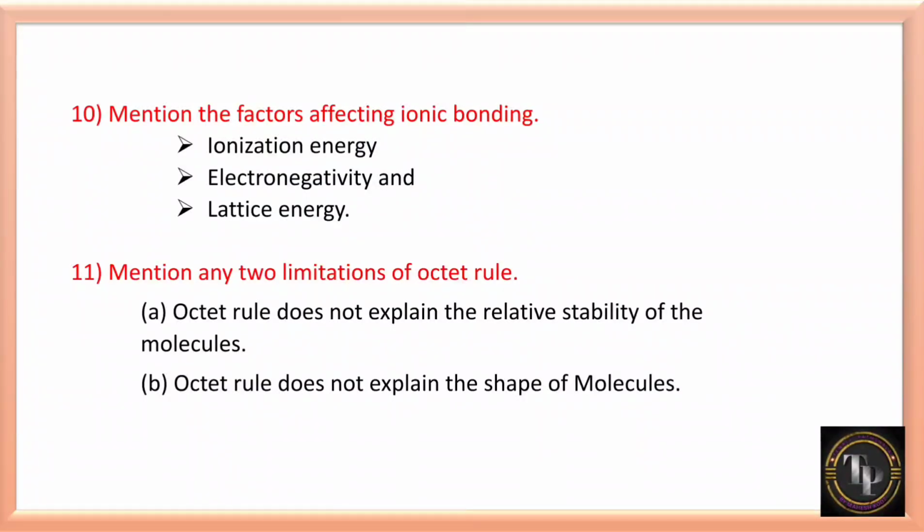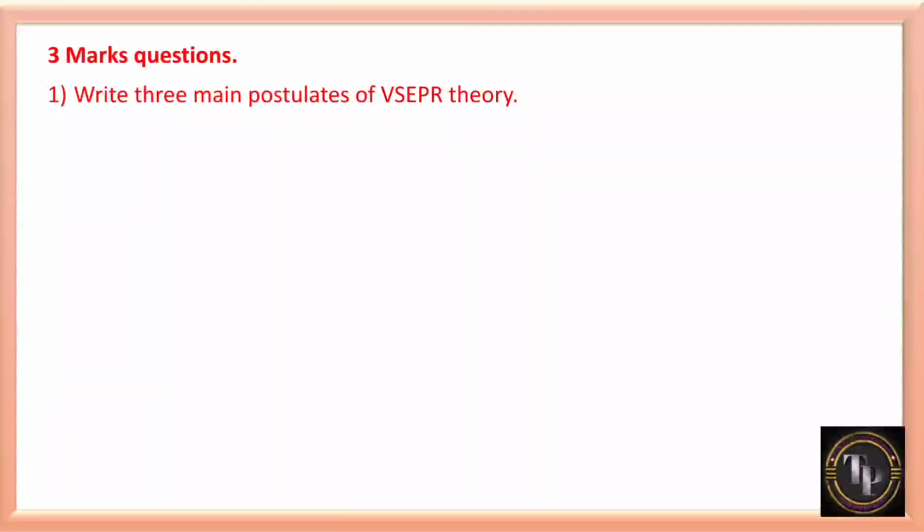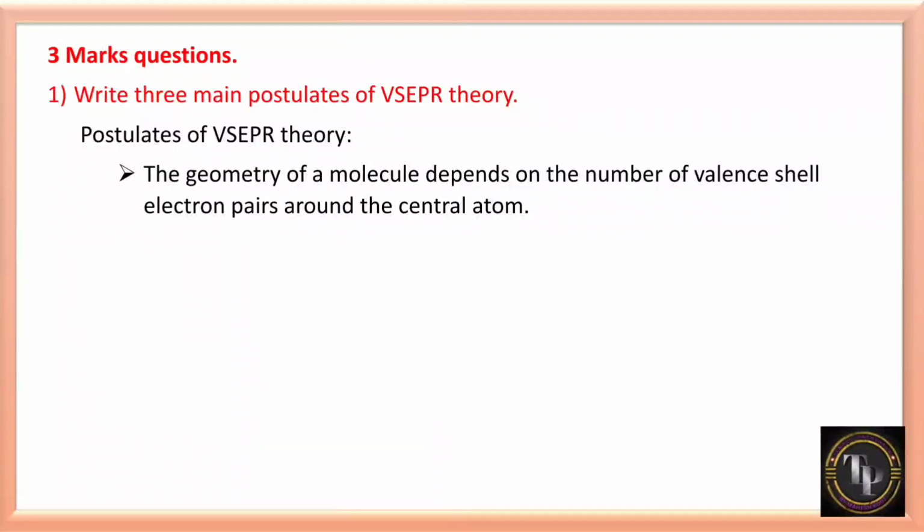So now let us start with 3 mark questions which are also very important. Write 3 main postulates of VSEPR theory. The geometry of the molecule depends on the number of valence electron pairs around the central atom. That means the shape of the molecule, according to VSEPR theory, depends on the number of valence electron pairs around the central atom.